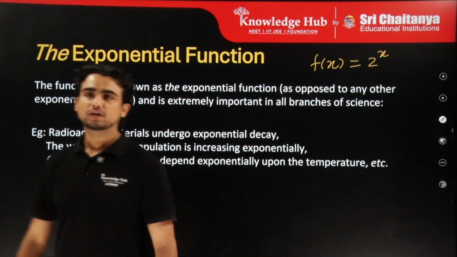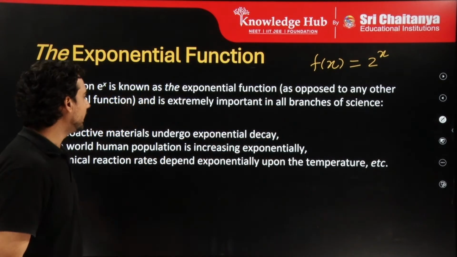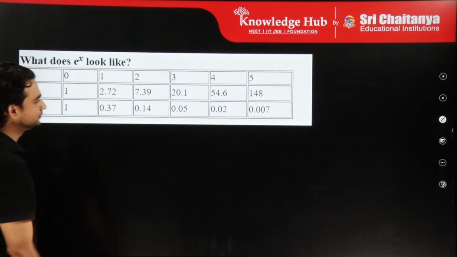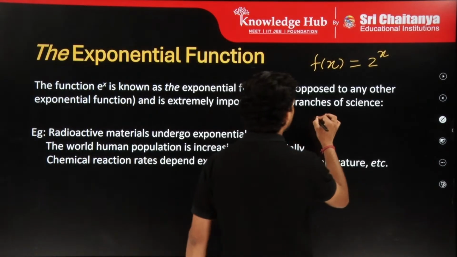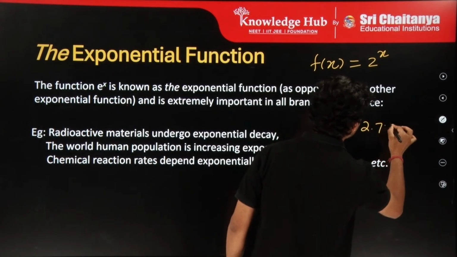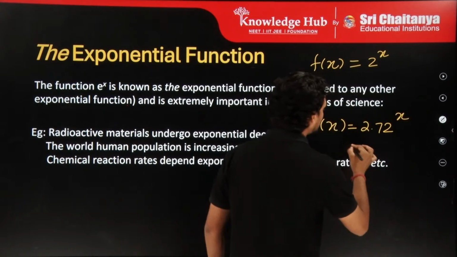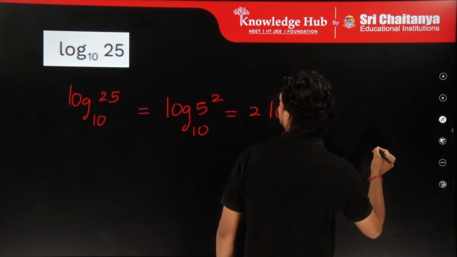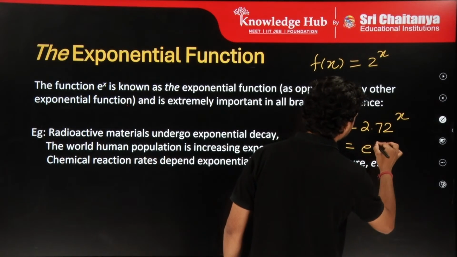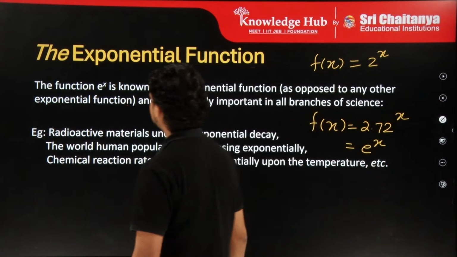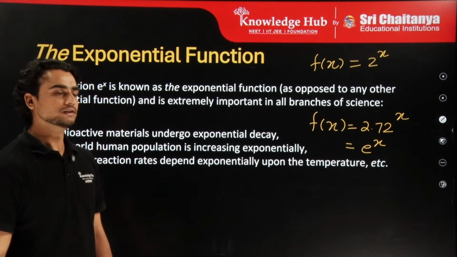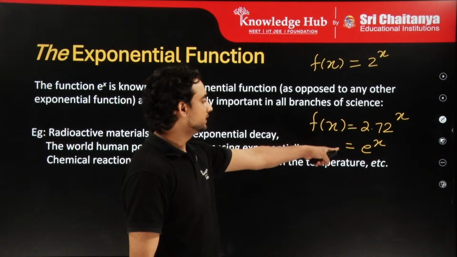Now if I substitute that 2 by some number, that is 2.72, and I write f(x) equals 2.72 raised to x, I can write e raised to x. So 2.7 is a very important number. We call this function the exponential function.